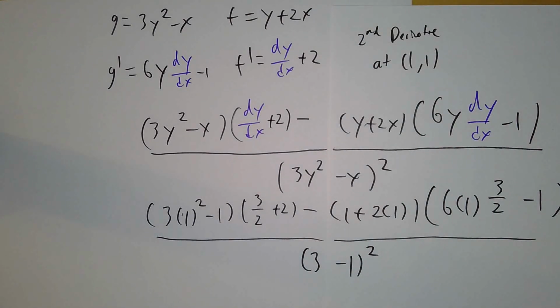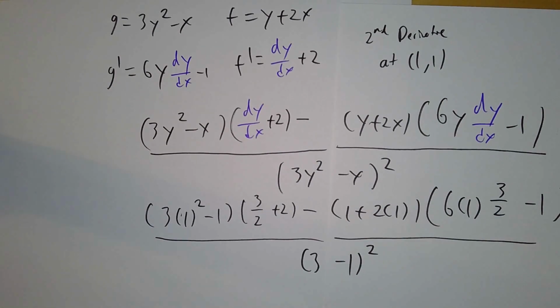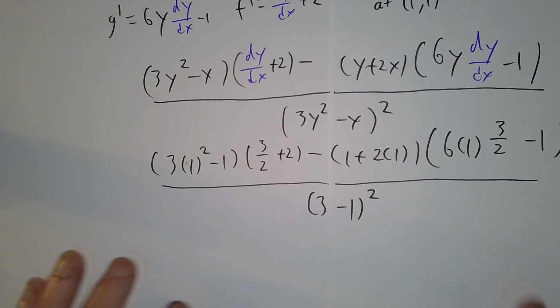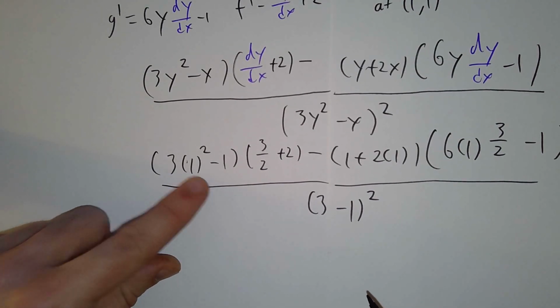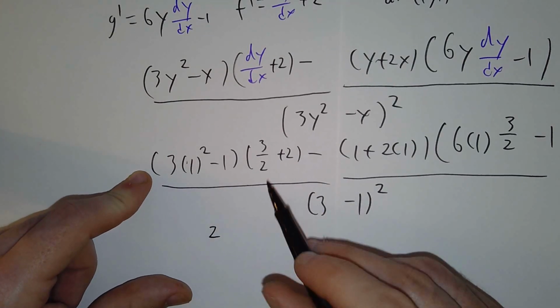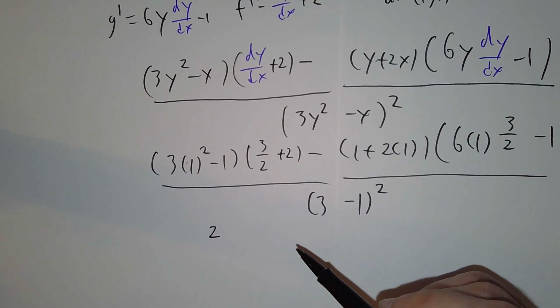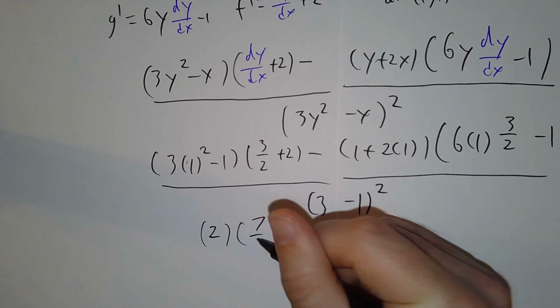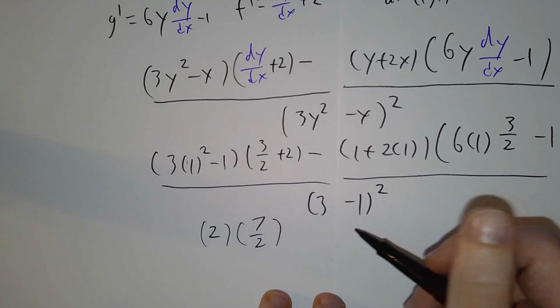So let's simplify this a little bit more, moving this up a bit. This is going to be just 2, right? So we got 2 here. 3 halves plus 2 is 7 halves. So 2 times 7 halves. Actually, I may not need to use a calculator here.